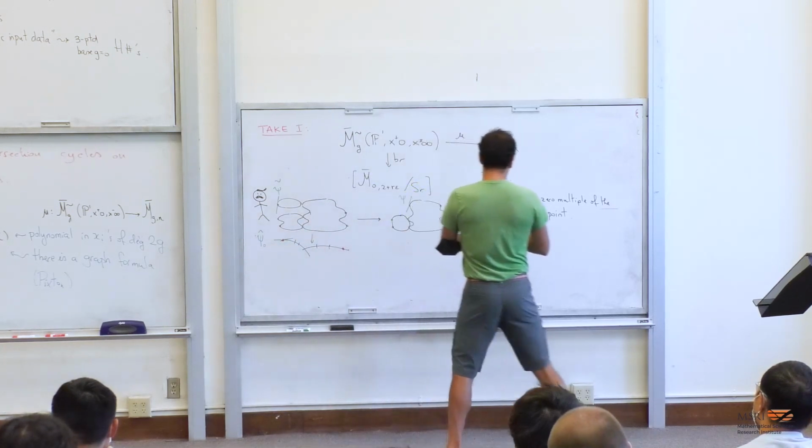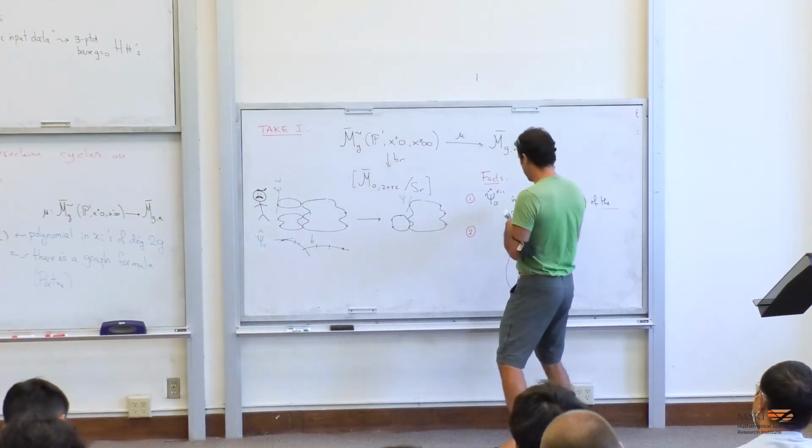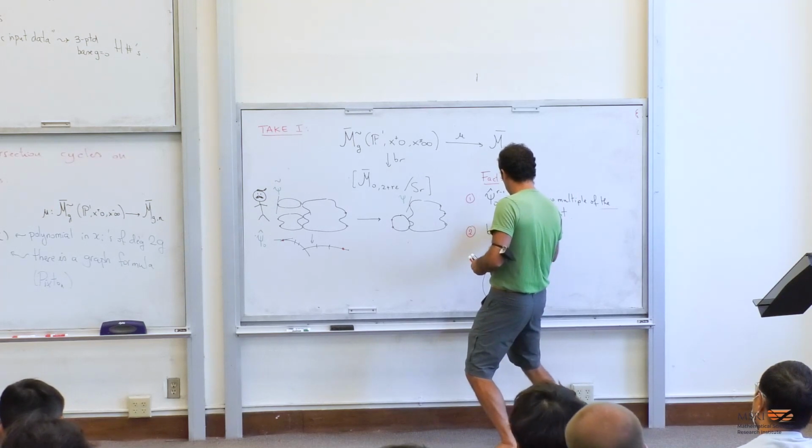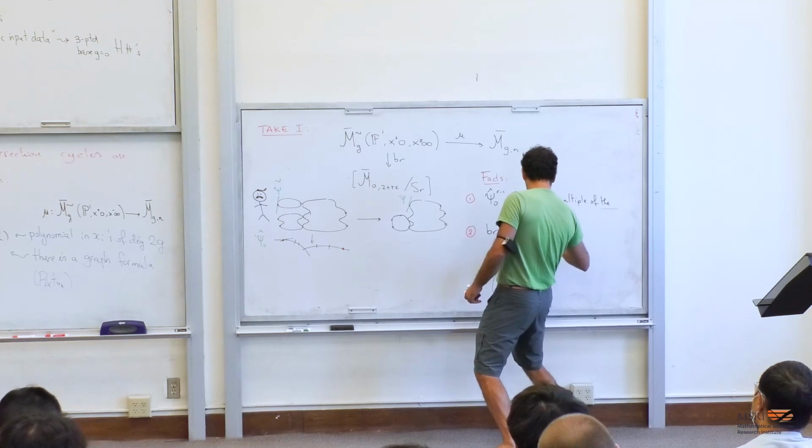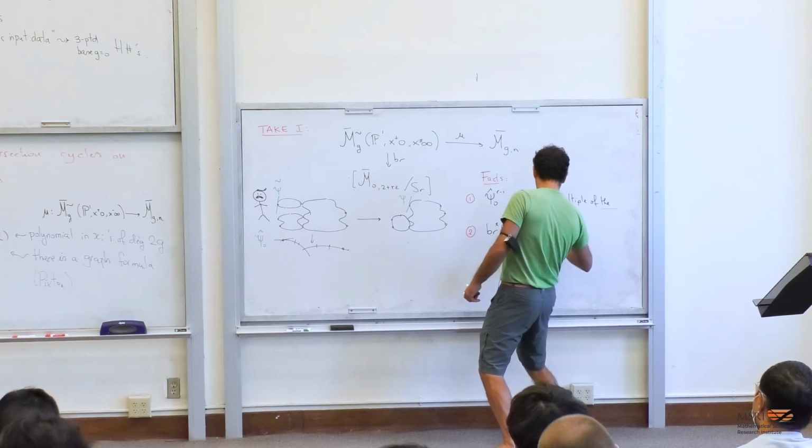Which in particular means that if I pull back by star psi naught hat, what I get is xi times psi tilde.